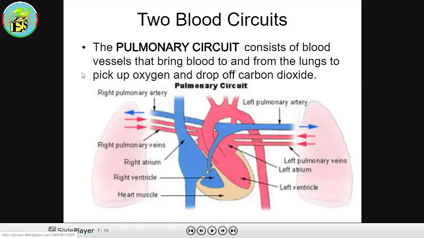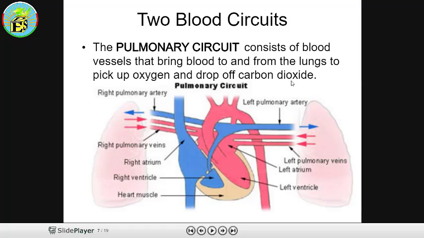So from this definition you can understand that the pulmonary circuit contains blood vessels that bring blood to and from the lungs, and after getting the oxygen those vessels will flow the blood back towards the heart, and they will pick up the oxygen and drop off the carbon dioxide.